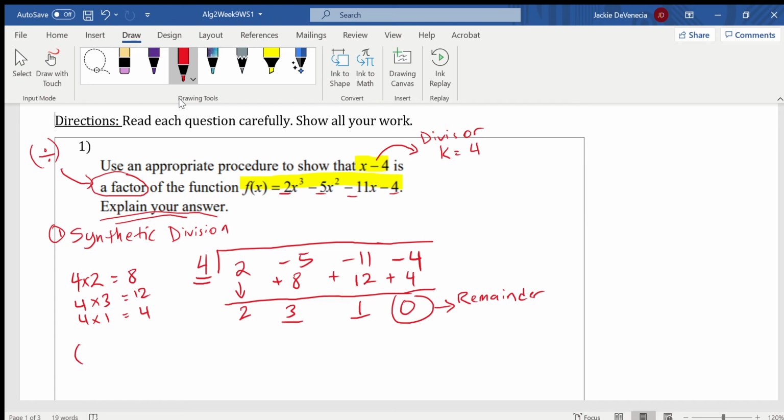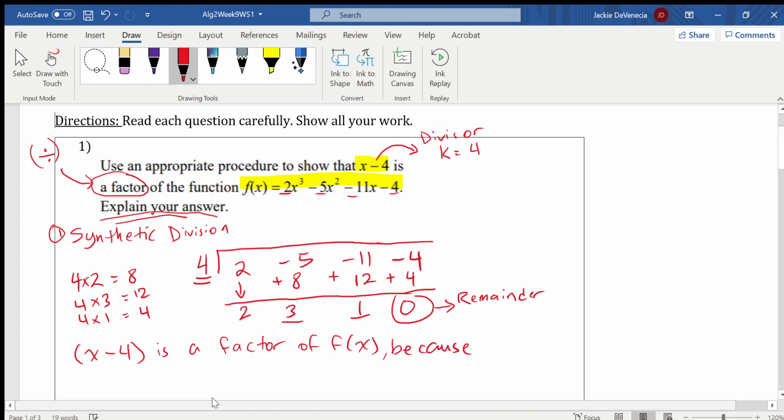So when you explain your answer, you're going to write this sentence. X minus 4 is a factor of f of x because the remainder is 0.